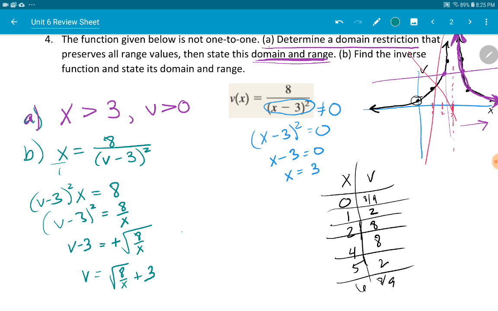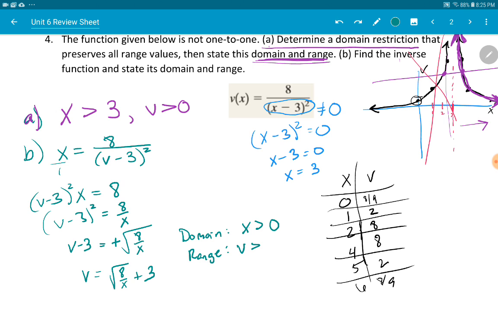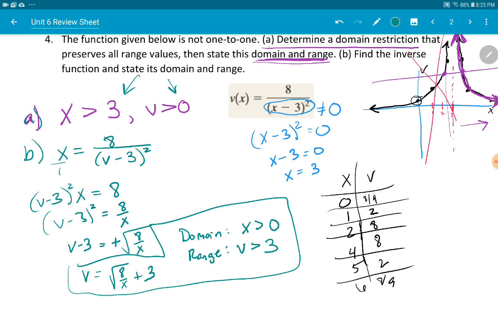So now my domain is x greater than 0, and my range is v greater than... whoops, sorry. Okay, v is greater than 3, switching the domain and range from part A. Okay, so there's the final answer.